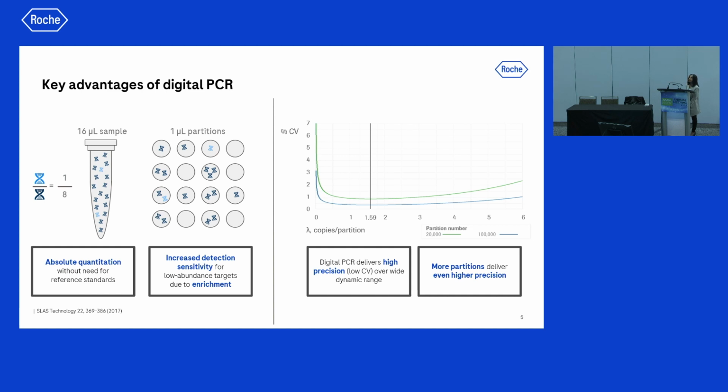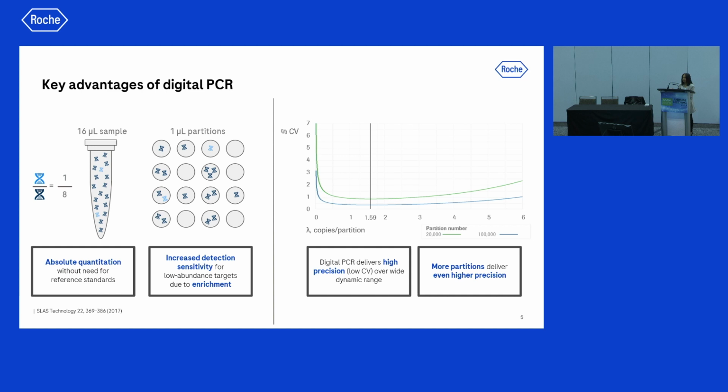You want this to be as low as possible to ensure that you have a very precise measurement. In blue, we're representing 100,000 partitions, and in green, we're looking at 20,000 partitions. And I think what you can appreciate is that over a larger dynamic range, so inputs going from 0 or 1 lambda all the way up to a lambda of 6, you have a lower CV with more partitions present over a larger range of inputs.